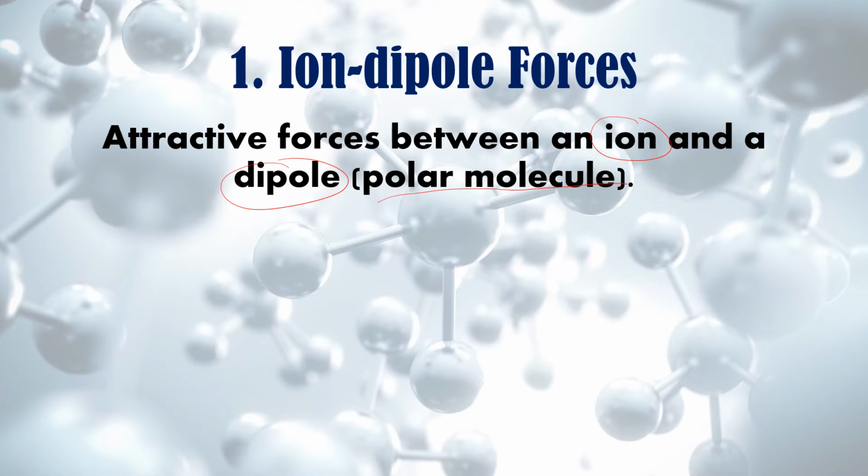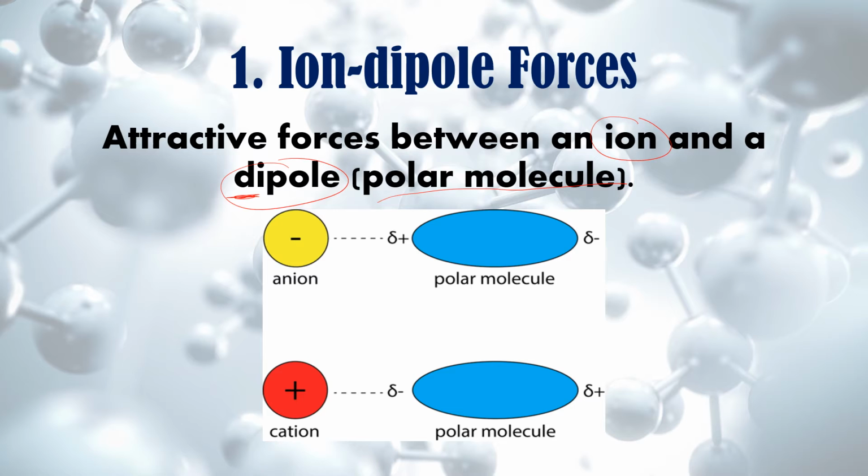So based on the name itself, it's a dipole, meaning to say one end of it is positive, the other end is negative. So by illustration, the ion-dipole force is just like this. An ion, either negatively charged or positively charged, will be attracted to a polar molecule with a dipole moment.